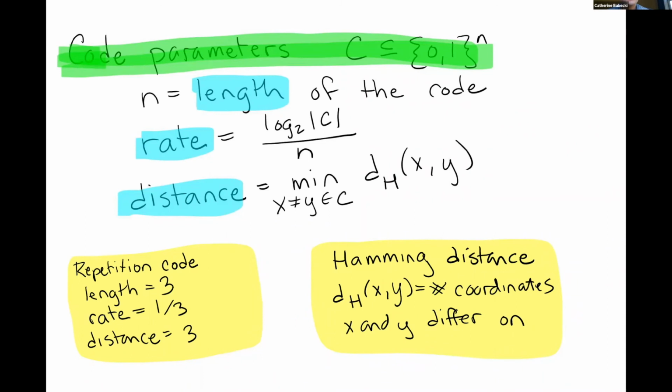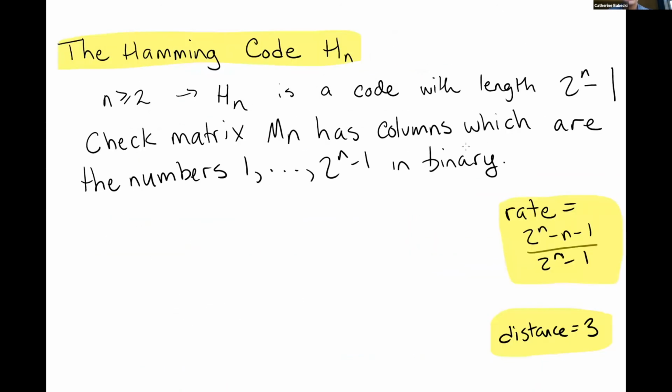And as n gets really big, the rate of the Hamming code gets really good. I think I mentioned that briefly. Yeah, so this approaches 1, which is very nice. Although the distance never changes, but yeah, whatever.